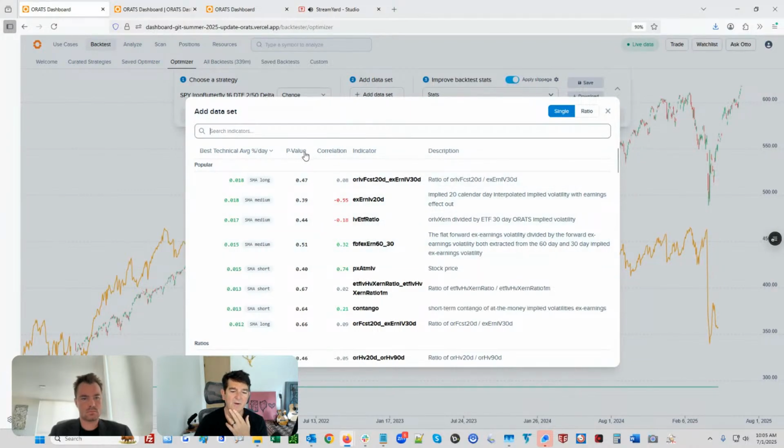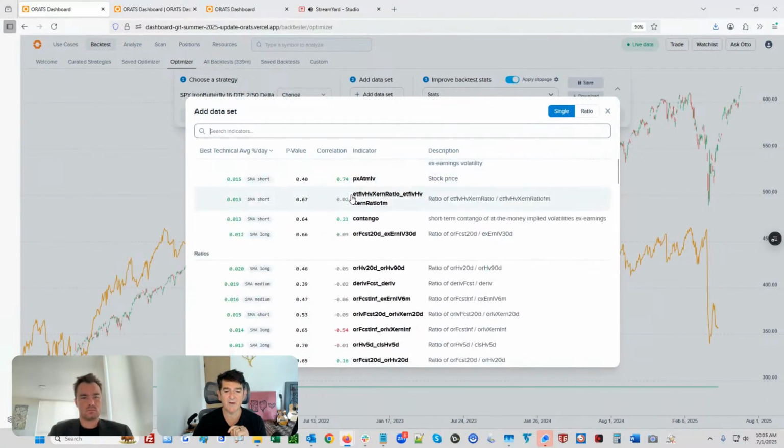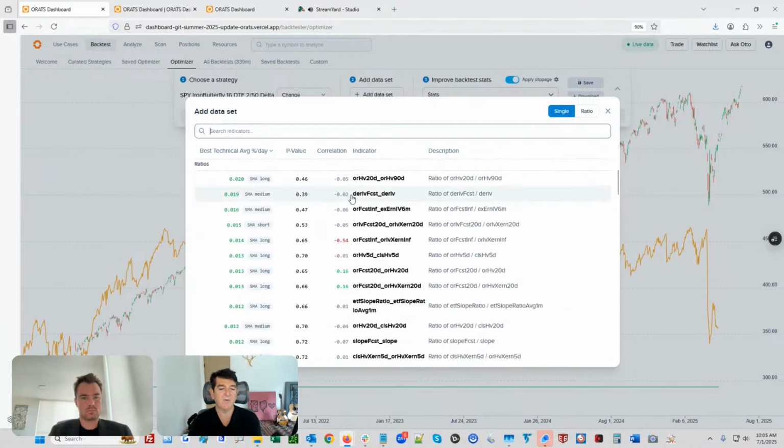And we'll talk about an indicator called the p-value. We've researched how to calculate this, and basically what the p-value does is it's a statistical process that calculates the probability that the results you're getting are because of pure chance. So you want to minimize this.